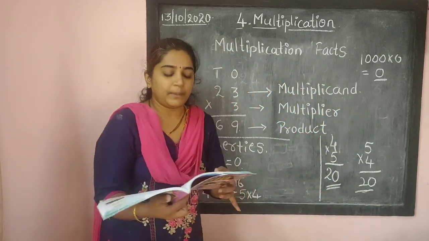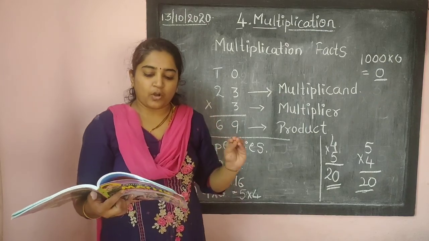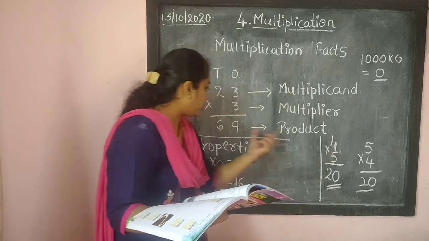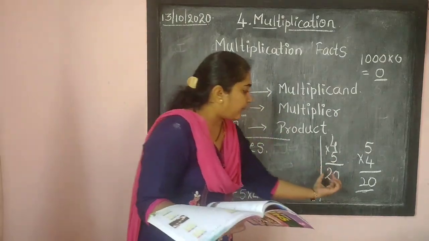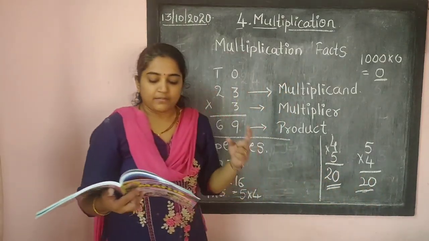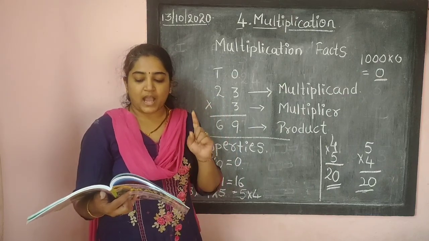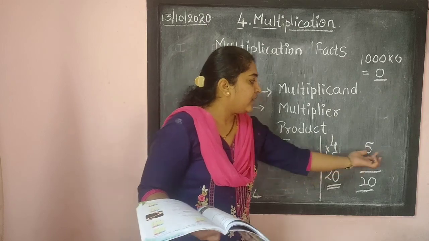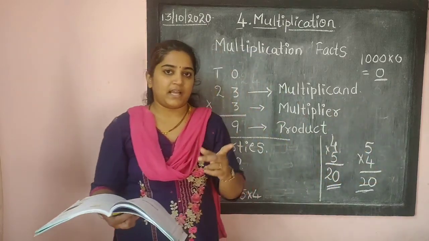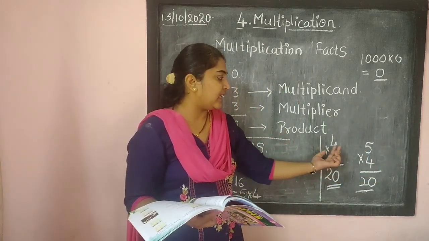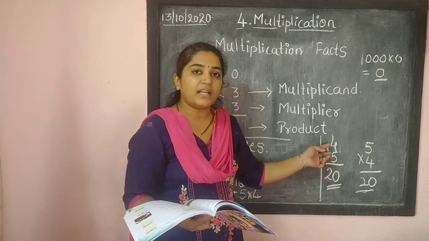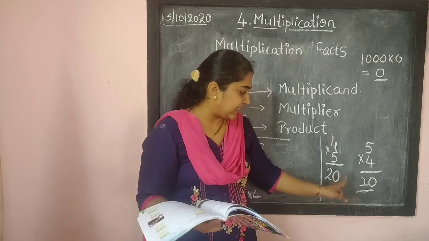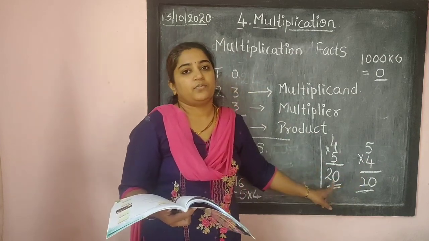So the third property is the product of numbers. Product means the answer we get. So the product of numbers will remain the same after changing their order. Order means 4 into 5, 5 into 4, vice versa. We will get the same answer, 20 only.